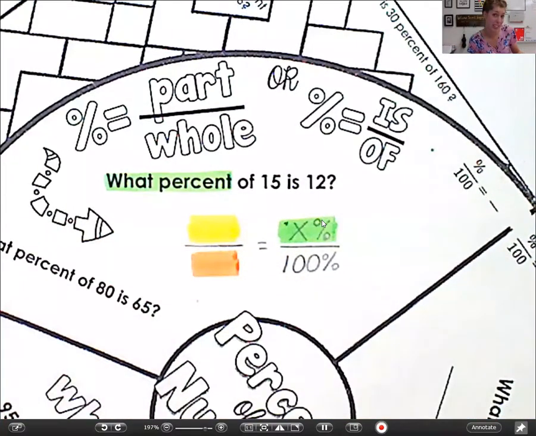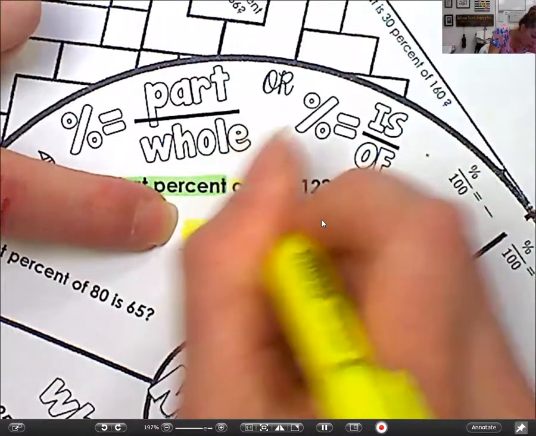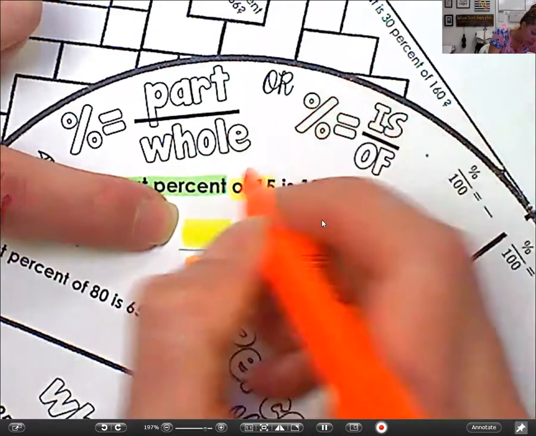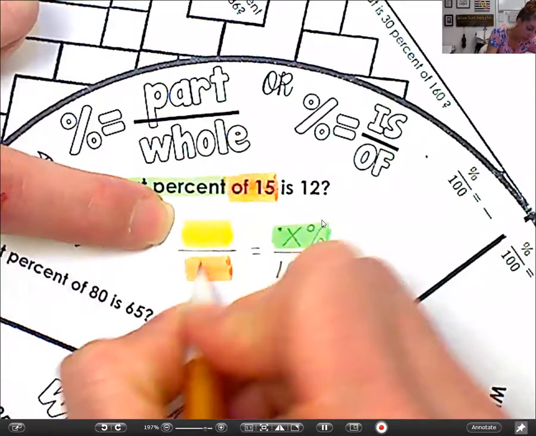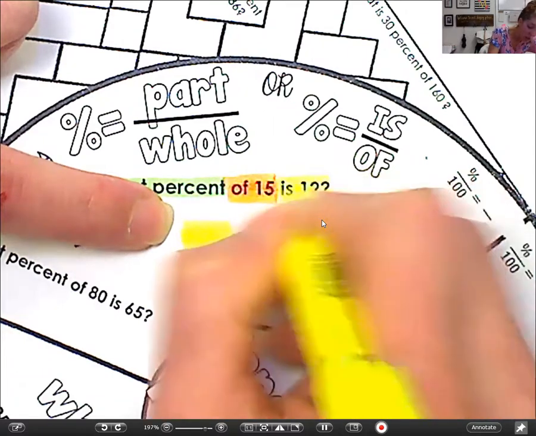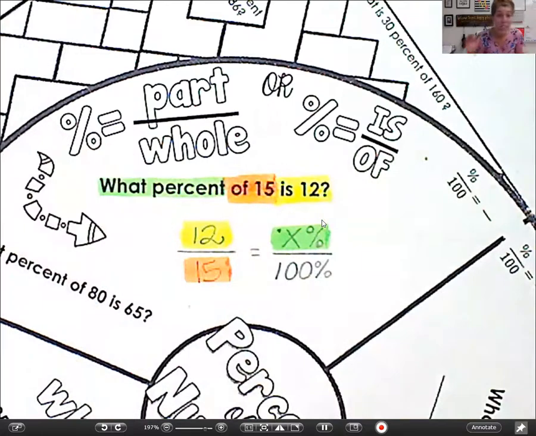What percent is 15, of 15 is 12? That's the missing piece. I have my of 15, that's my total, is 12. See those word clues? They're really there every time for these really basic problems. Is over of equals percent over 100.